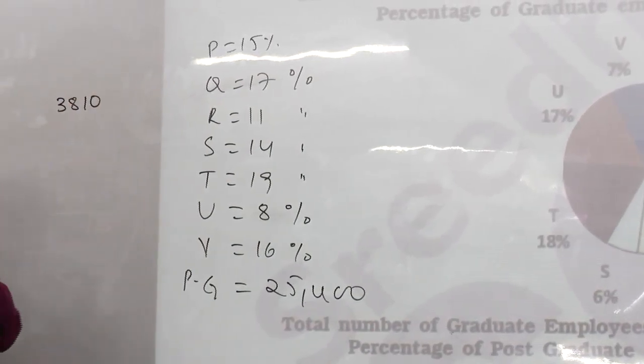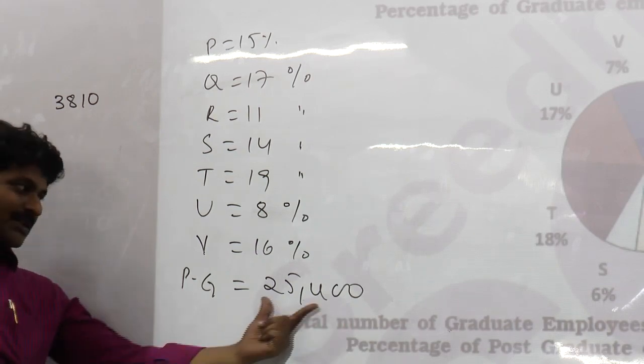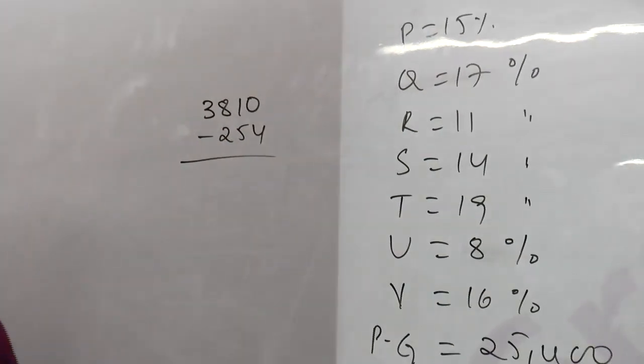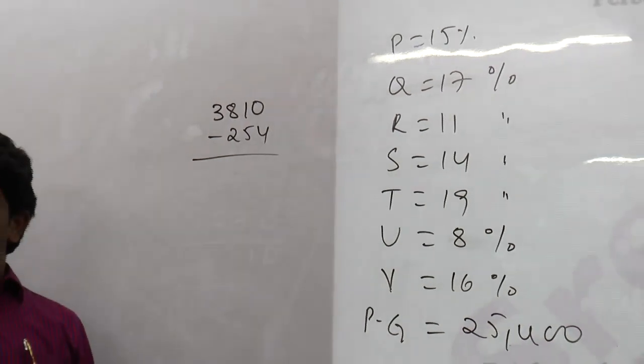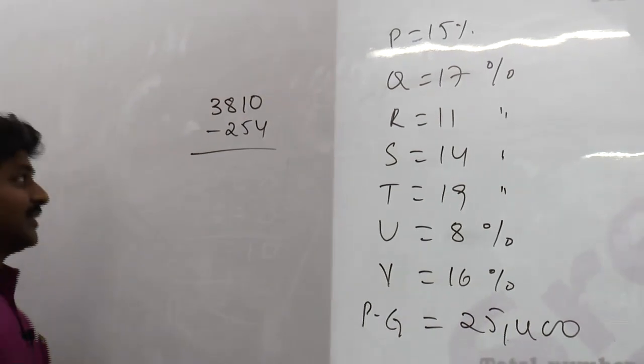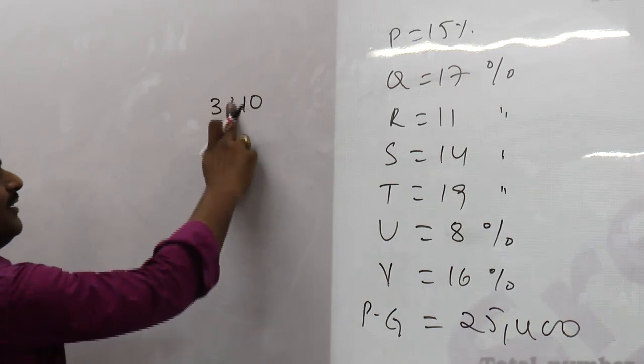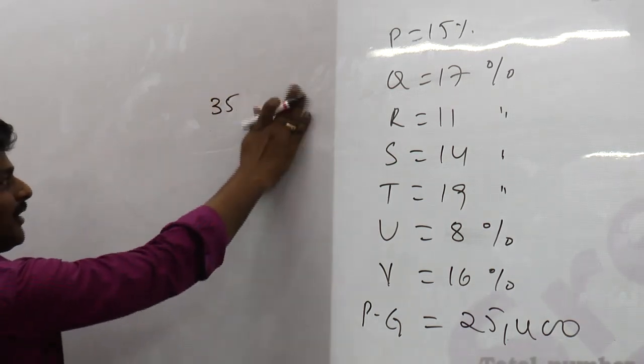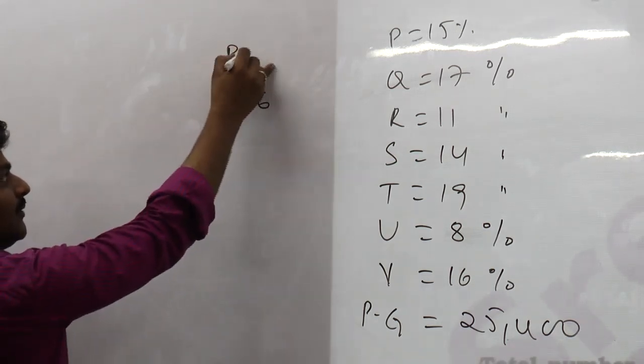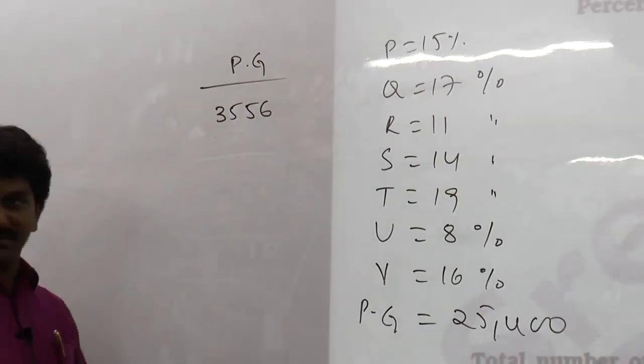From this, if you subtract 1%, you will get the number. 1% is 254. So let me subtract 254 here. Instead of 254, subtract 300, add 46. So these are postgraduate guys.